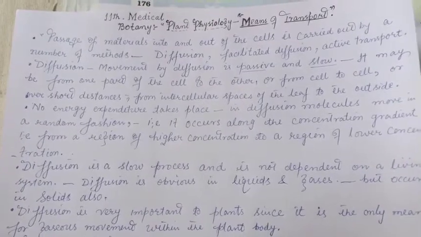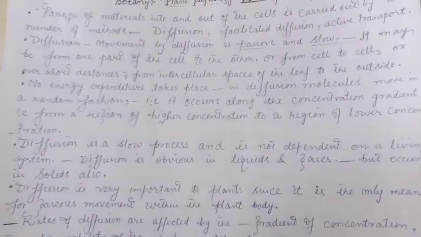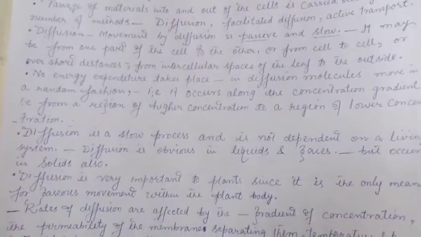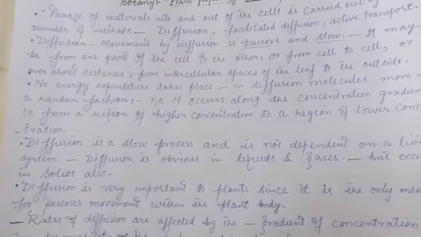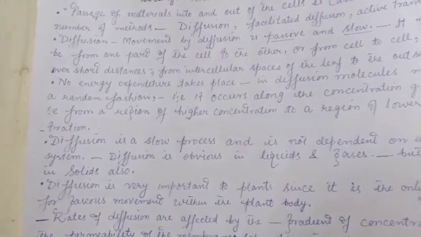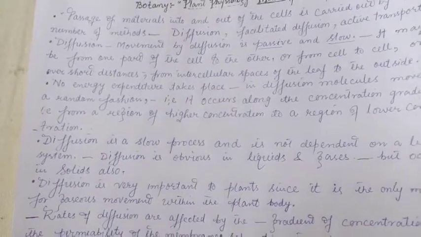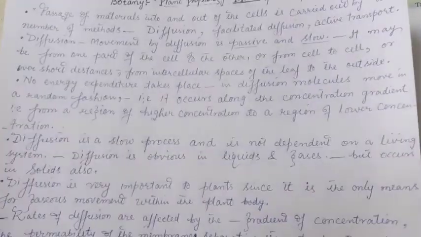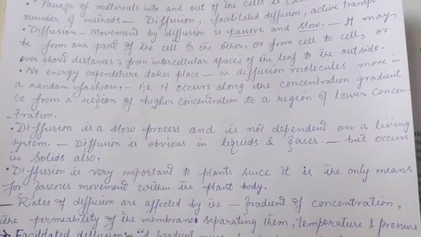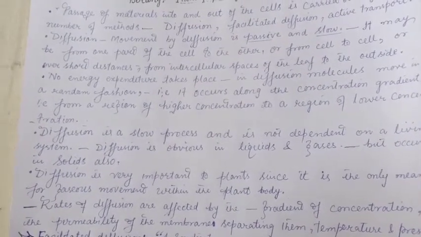That means diffusion occurs in non-living systems also. Diffusion is obvious in liquids and gases, but occurs in solids also, in all forms of matter. Diffusion is very important to plants since it is the only means for gaseous movement within the plant body.